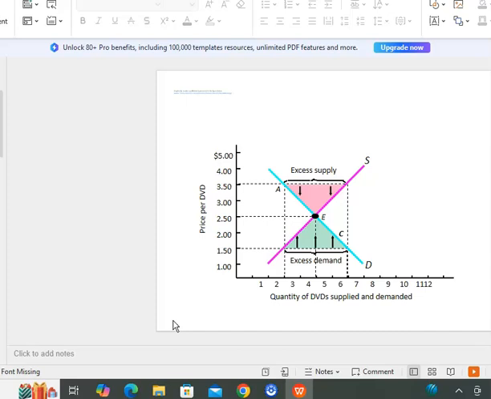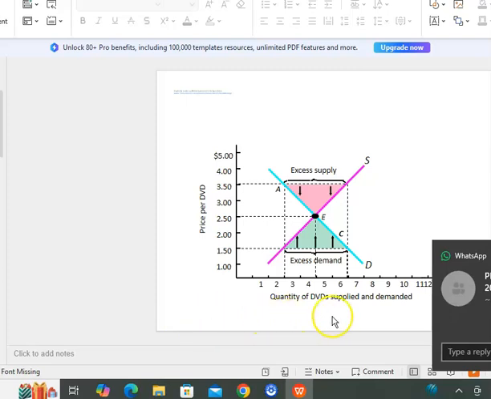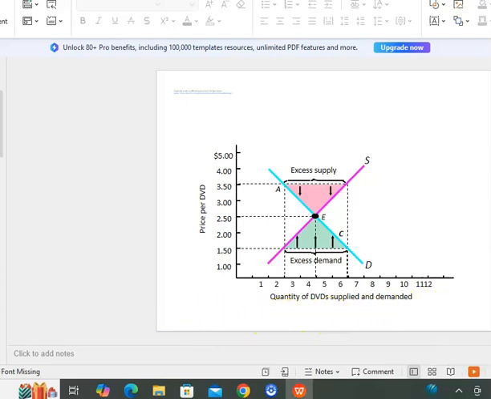You can see that the price ranges from $1 up to $5, and the quantity demanded and the quantity supplied range from 1 up to 12 units.